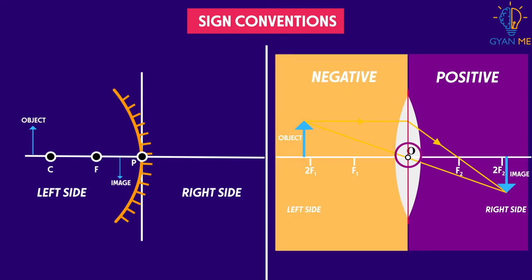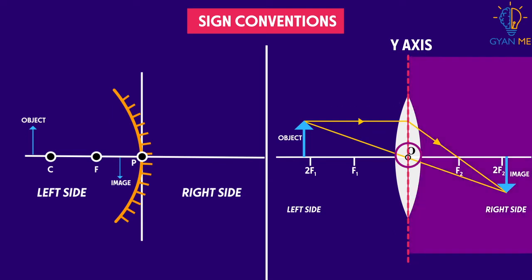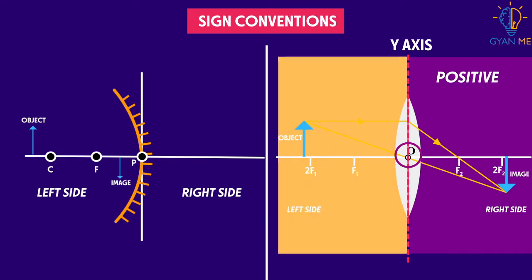Well, observe one more thing here. The y-axis of the Cartesian system passes through the optical center of the lens. Yes, it is coincident with the optical axis of the lens like this. And just like the mirror, all the distances from O towards the right are positive and all the distances from O on the left side are negative.